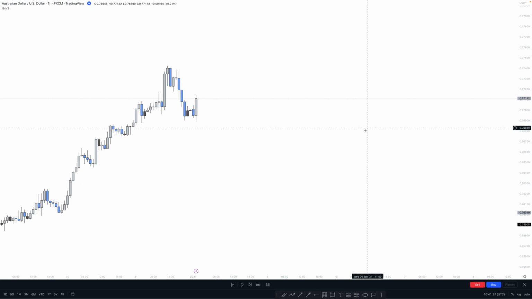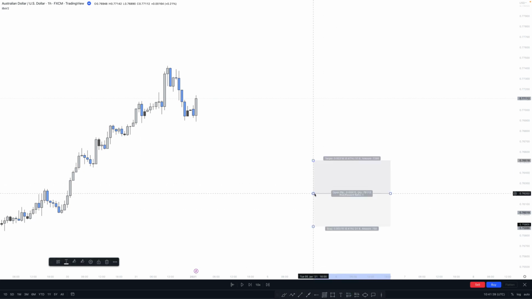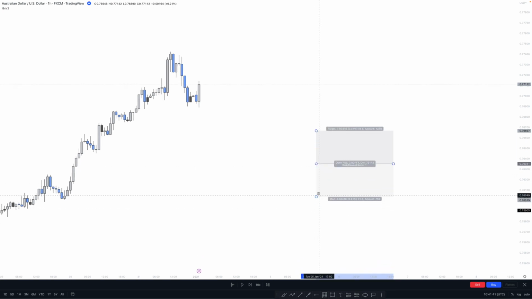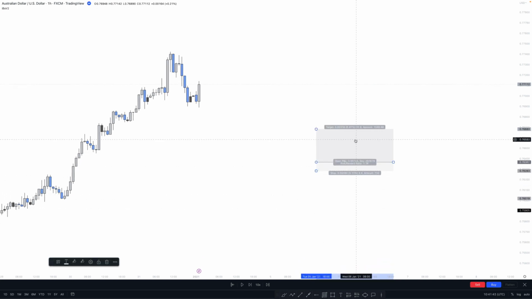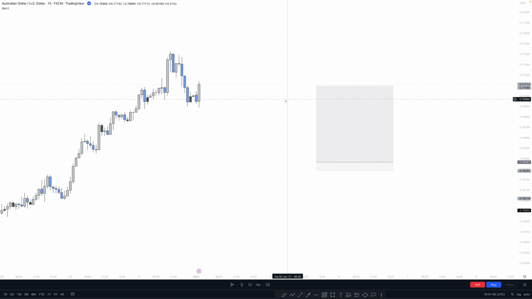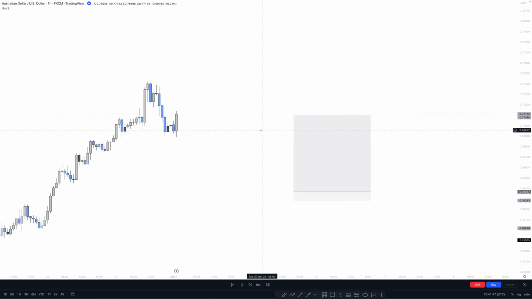Just imagine price missing your entry by 0.1 pip and then going into profit, and you could have passed the FTMO challenge. Then all of a sudden, you're using your risk reward tool, you're looking at how much money you would have won, you're beating yourself up, all those emotions are coming in, you're feeling fear of missing out.